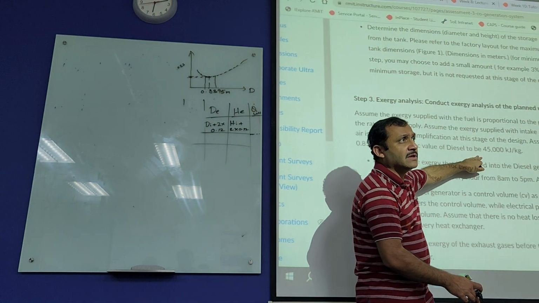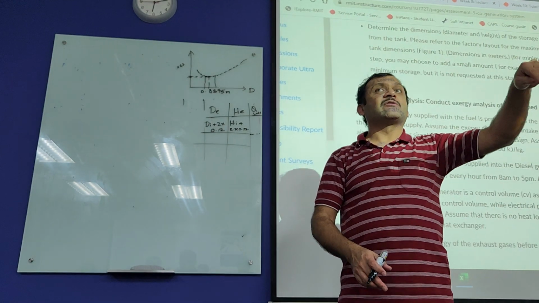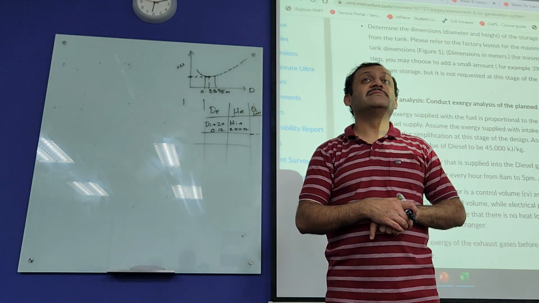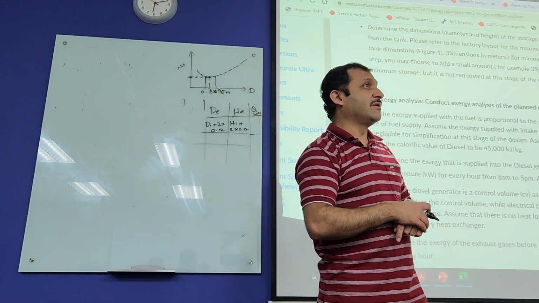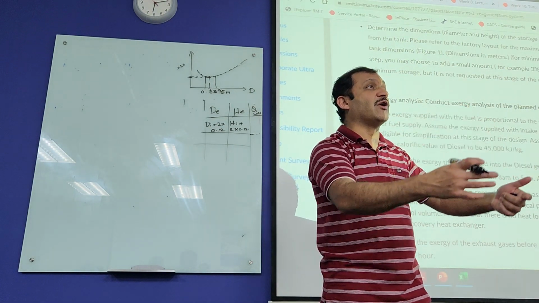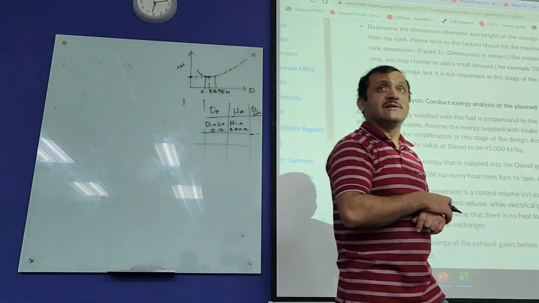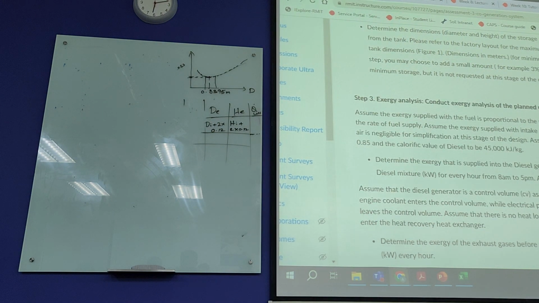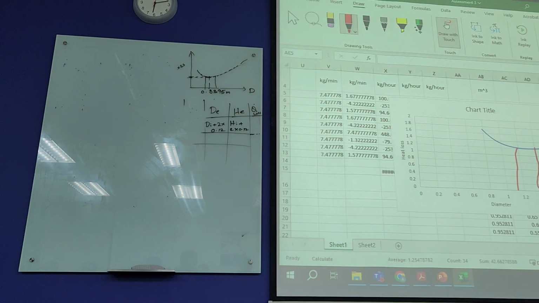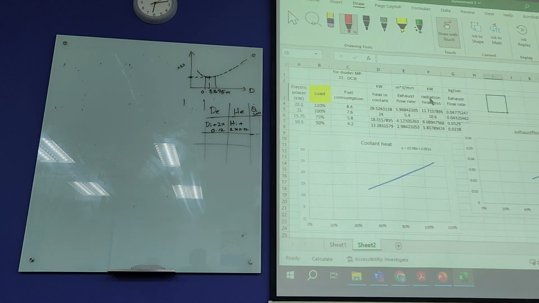45,000. So, have you already calculated the volume flow rate of fuel? Can you find the volume flow of diesel going in? How much volume of diesel is being consumed? We have done that. I'll show you where in the Excel, Sheet 2.